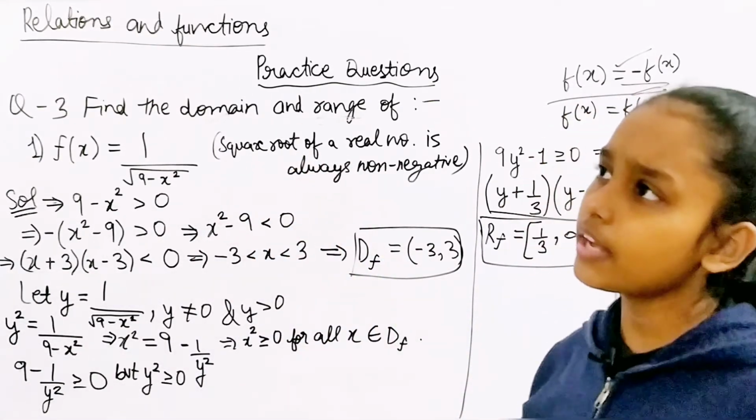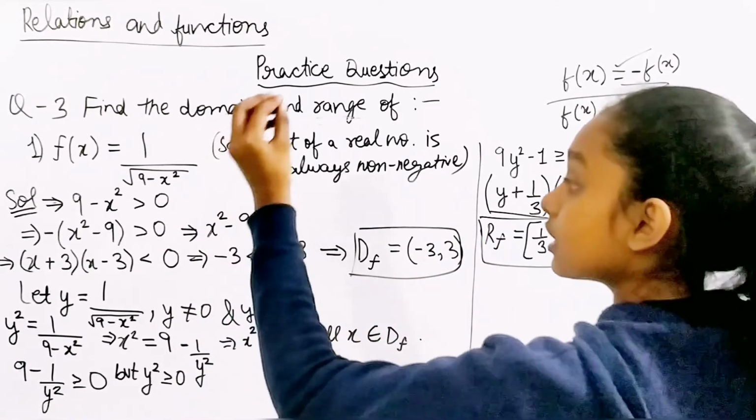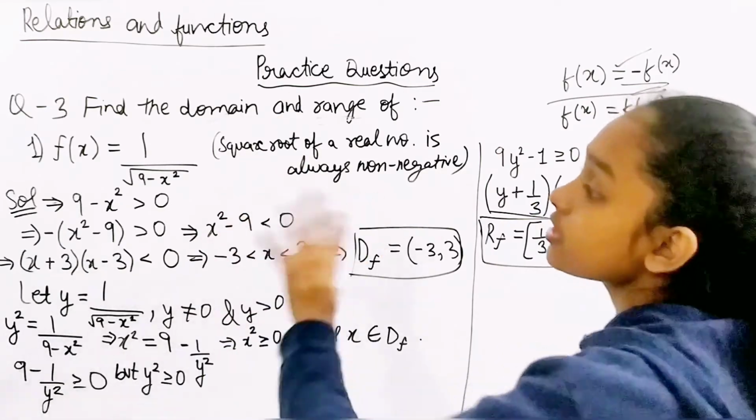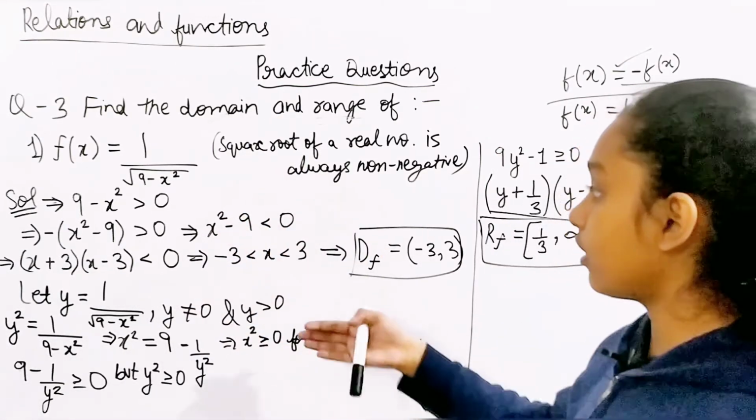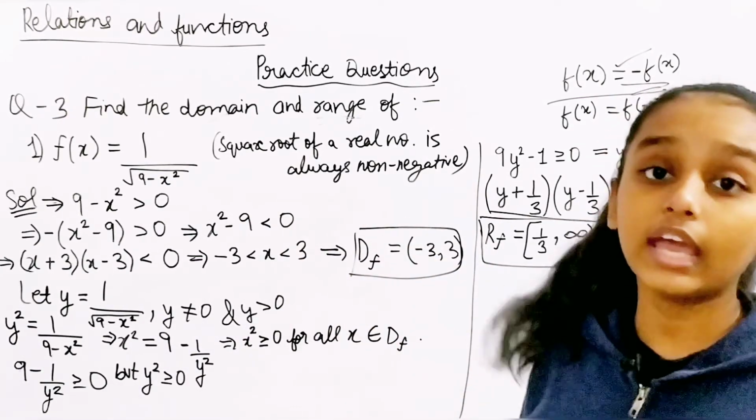If it's not equal to 0, it is a real number, so it's going to be greater than 0. That is what we got right now, and later on we just shifted it.